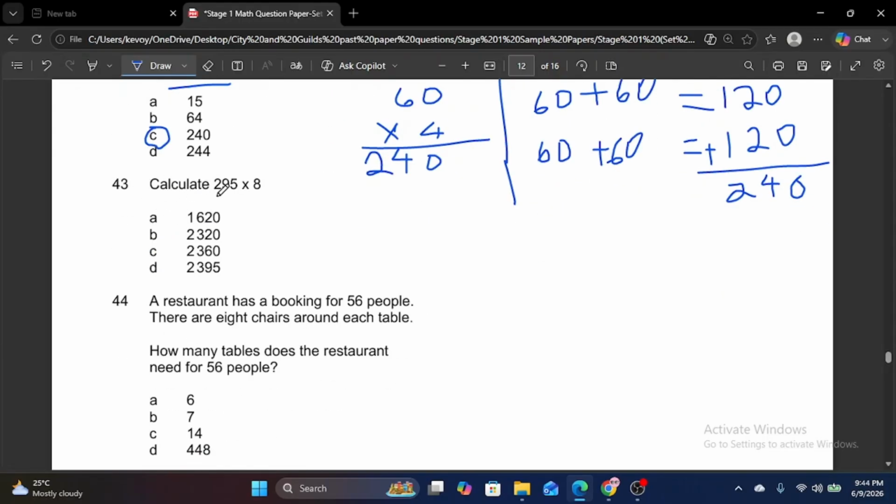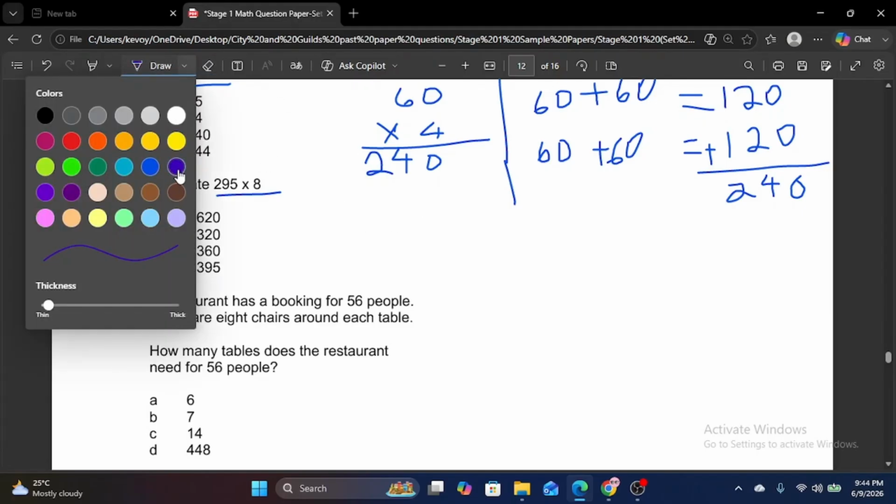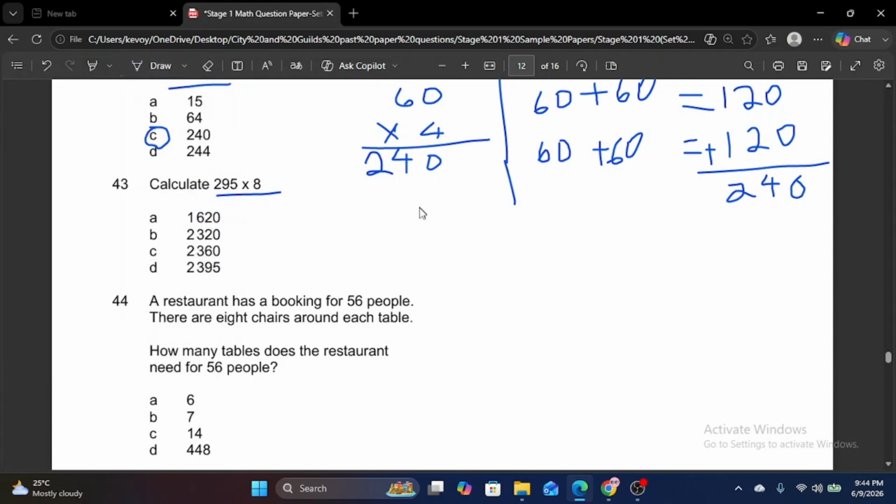So calculate 295 times 8. So let's do that one right there. So 295 times your 8.